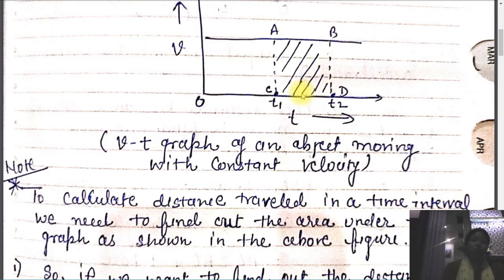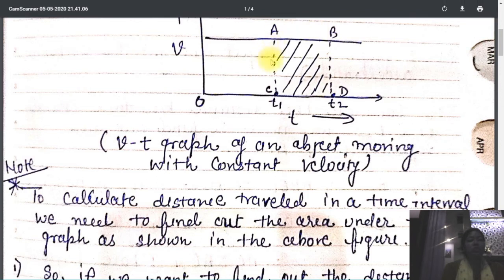But if we are calculating the distance traveled during a particular interval of time, that means for only time t1 to t2, we want to know how much distance is traveled by the object. So we will enclose only this much of the area under the graph.